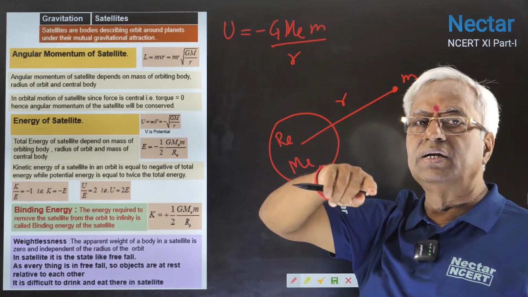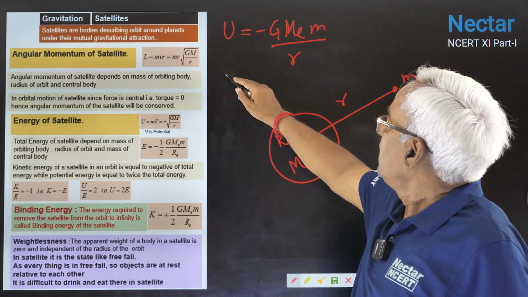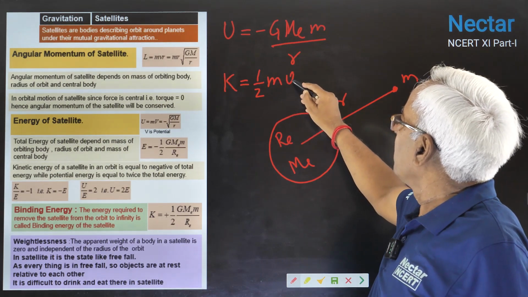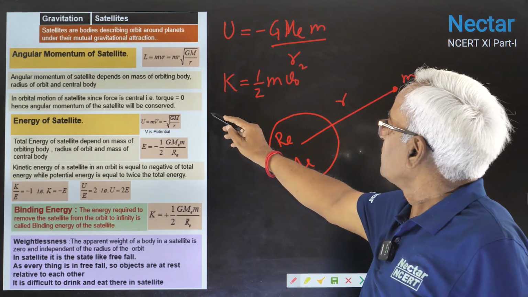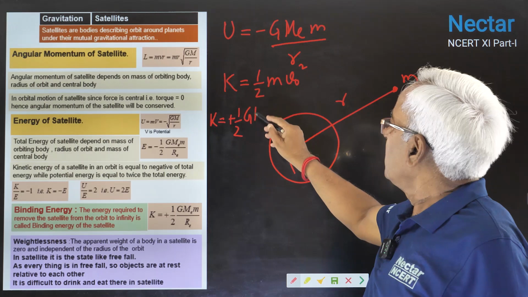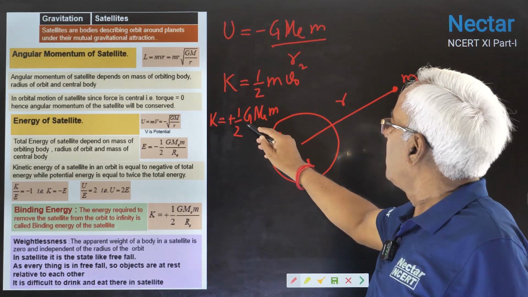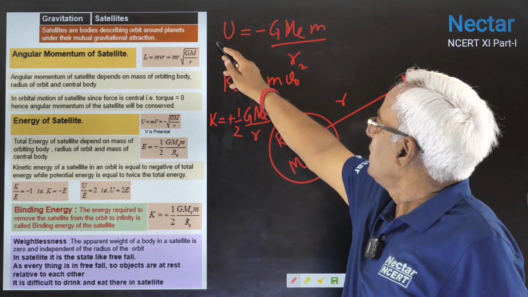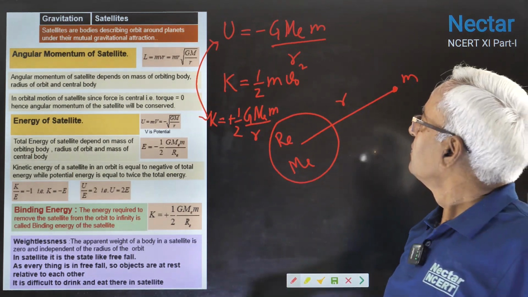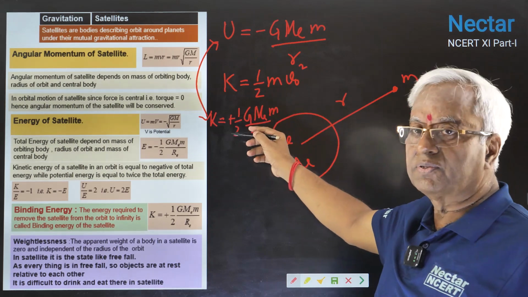Here r is the radius of the orbit, and if you find the kinetic energy using the relation half m₁ square, you'll find plus half GMe m upon r. See, they have one very interesting relation. This is minus and this is plus half.